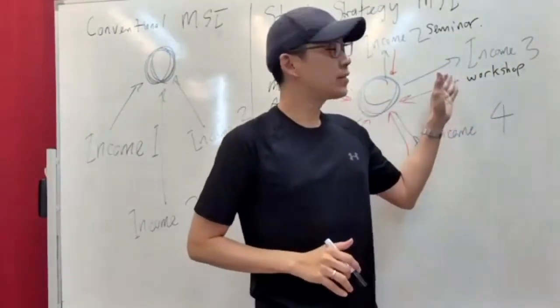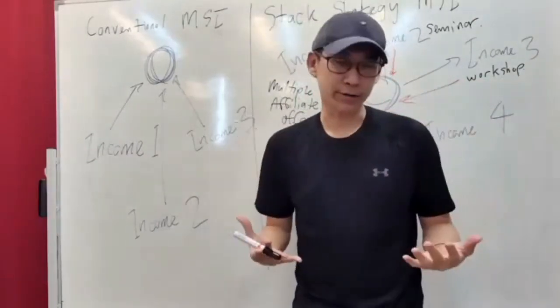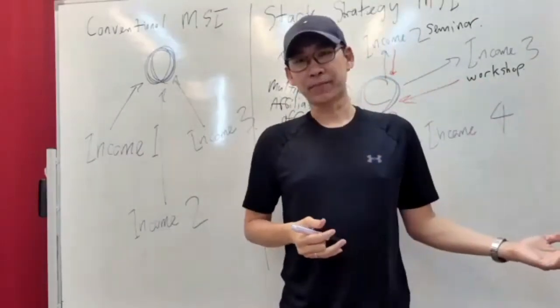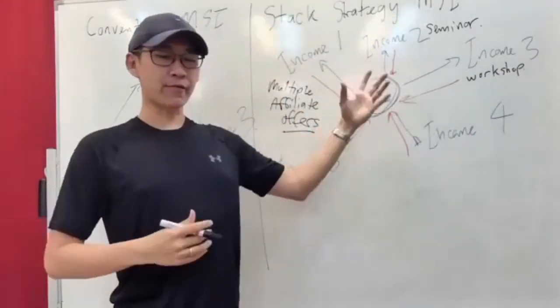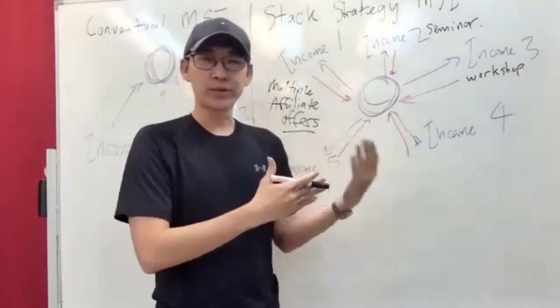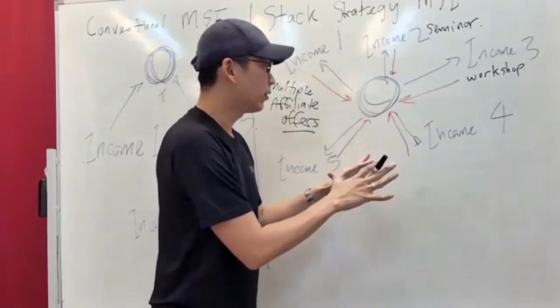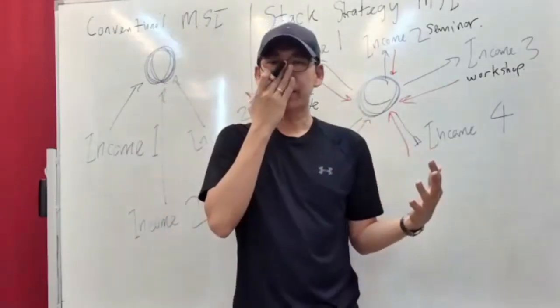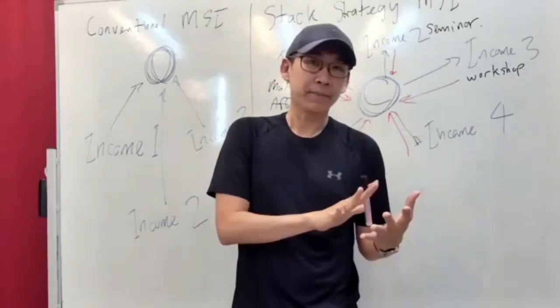Now, do you see that I don't suggest creating a course as an income stream? I mean, you can do that for your core business, something that's evergreen, that you continuously use. But in this model, we don't do that. Why? Because creating a course takes a lot of time.